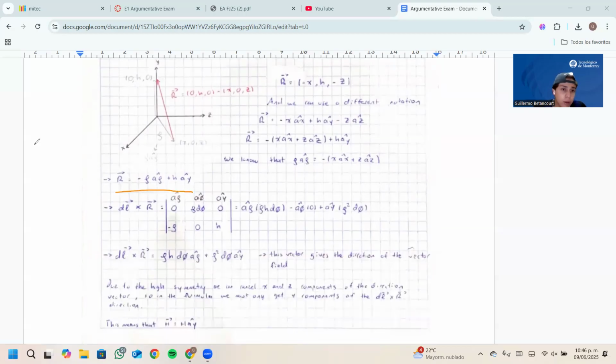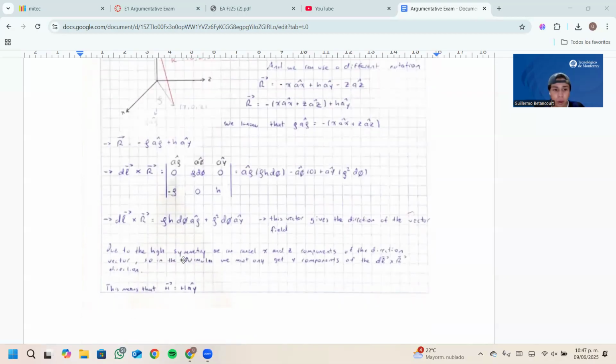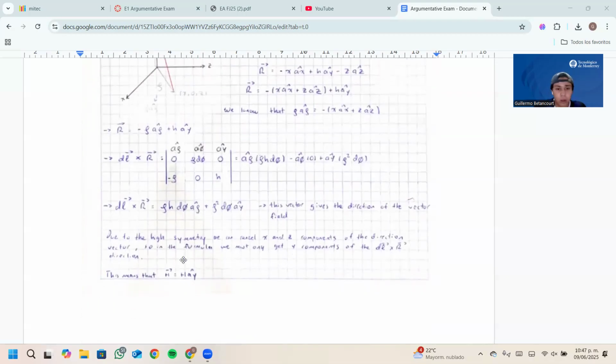So now we can do the cross product. The cross product gives the direction of the vector field, which in this case we know only has components in the direction of rho and the direction of y. And well, due to the high symmetry, we can cancel the x and z components of the direction vector.